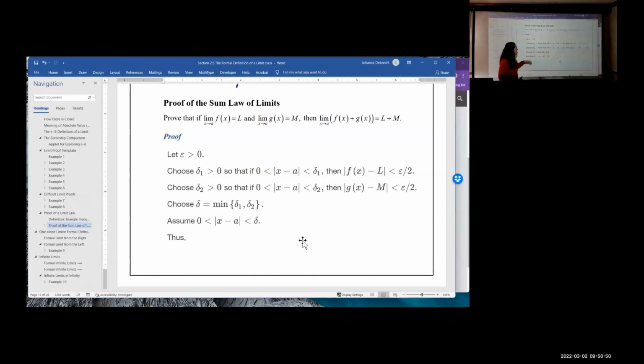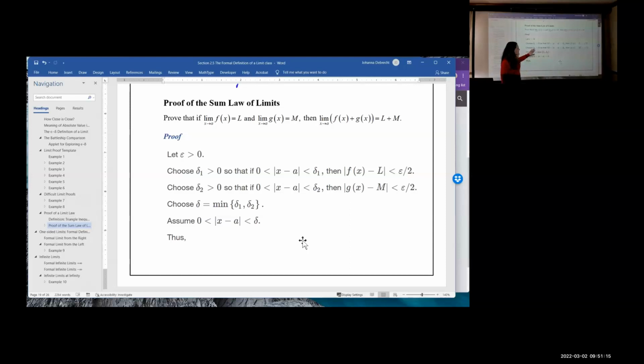And notice that we're using punctuation, and it does sort of read like a paragraph. This is a proof. Choose delta 1 greater than 0, so that if 0 is less than absolute value of x minus a less than delta 1, this is just like the proofs we've been doing, then absolute value of f of x minus L is less than epsilon over 2. So this time, instead of being less than epsilon, we're choosing for it to be less than half of epsilon.